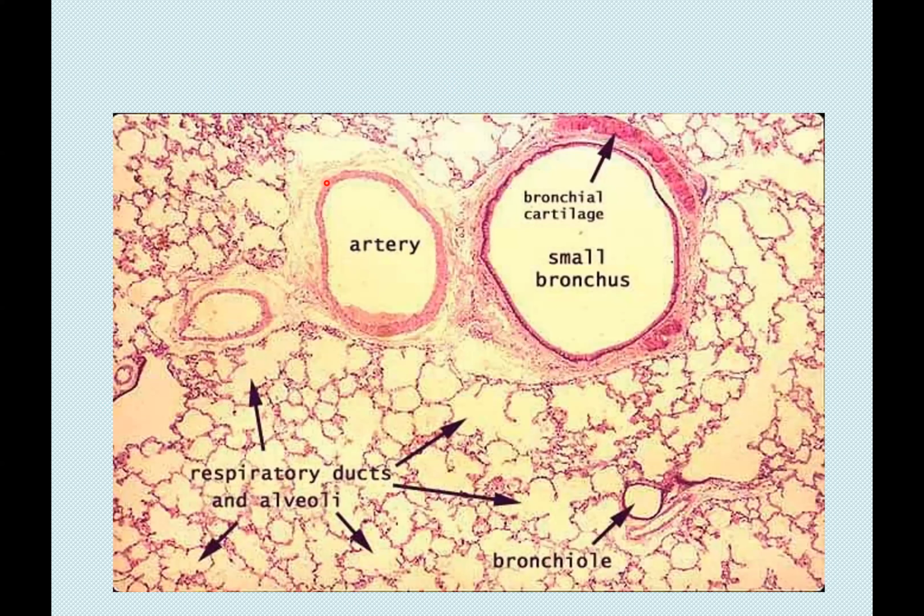Okay, and then this is an artery. So this is where the gaseous exchange will happen between this one and then this one, the capillary. Okay, and then the alveoli. So this is just to show us the gross presentation of the lungs.